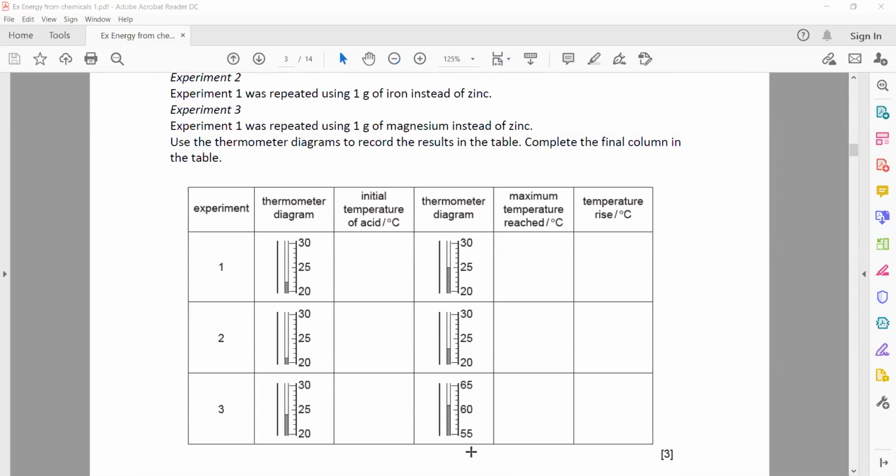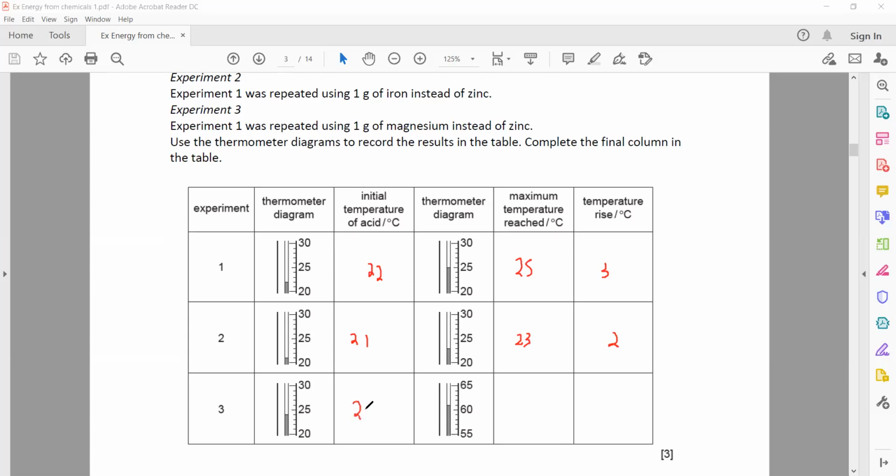For example, here you can see this is 20, 21, 22. So the initial temperature is 22. The final temperature is 25. So what is the temperature rise? That's equal to 3. Here the initial temperature is 21, the final temperature is 23, and the temperature change or rise is 2.